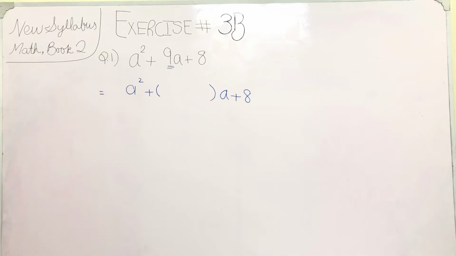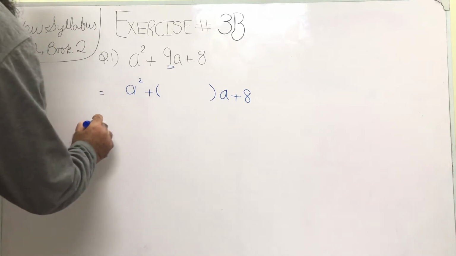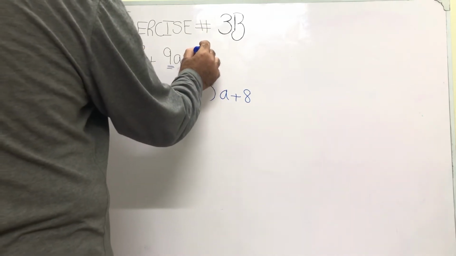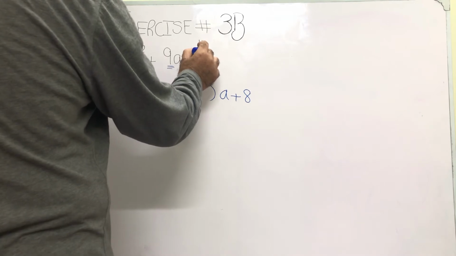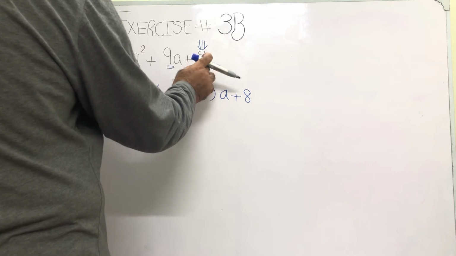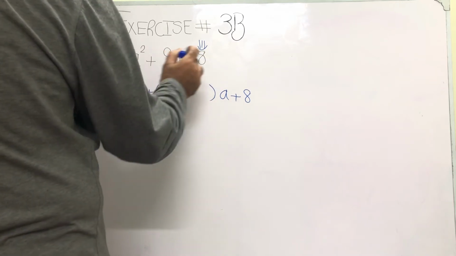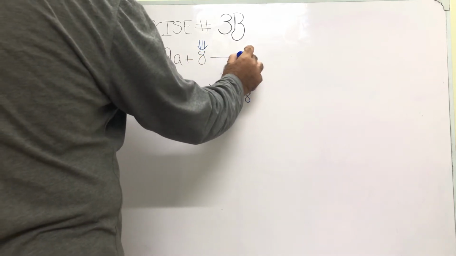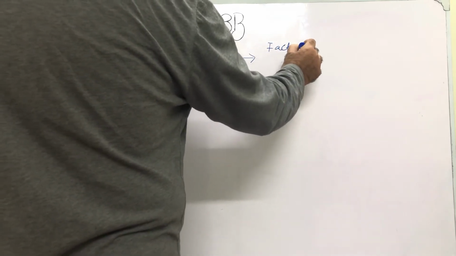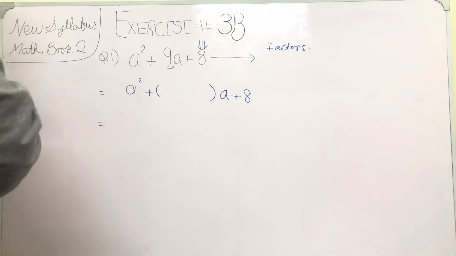Now what to do? The second step is that for this constant which has no variable, which is independent, we need to make factors. Factors are pairs of factors.